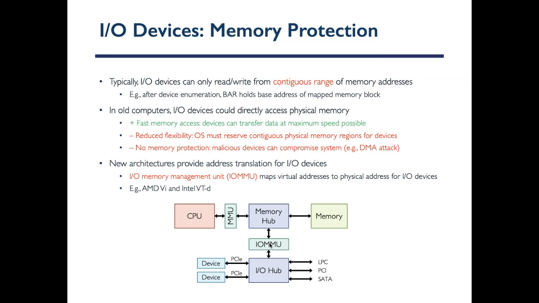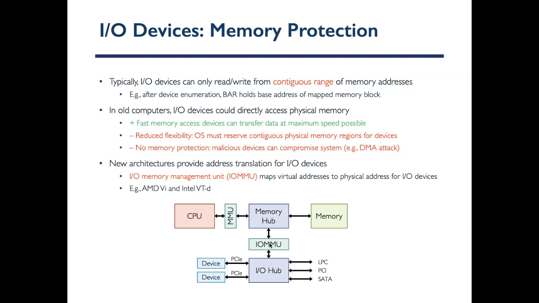It also allows the operating system to potentially allocate non-contiguous physical addresses to your devices. So from the device's point of view, it's just a contiguous virtual address, which is fine, but then that gets translated to different regions of memory. So that gives flexibility to the operating system's operations.